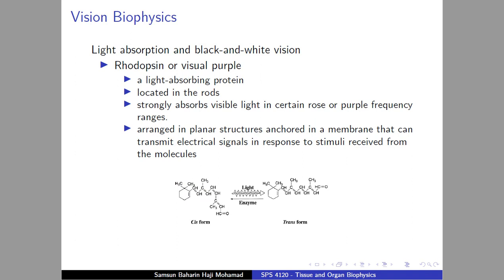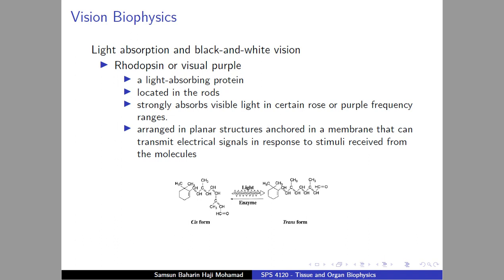The protein that changes the energy of light into the signal is rhodopsin, or visual purple. This is a light absorbing protein. It is located in the rod and strongly absorbs visible light in a certain frequency range.